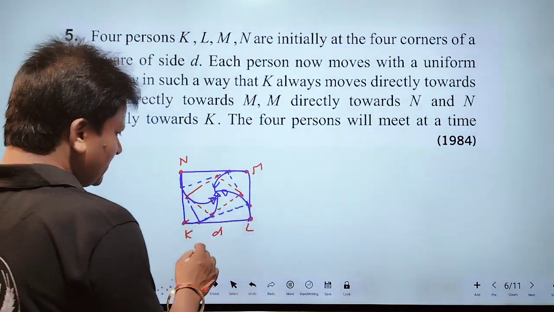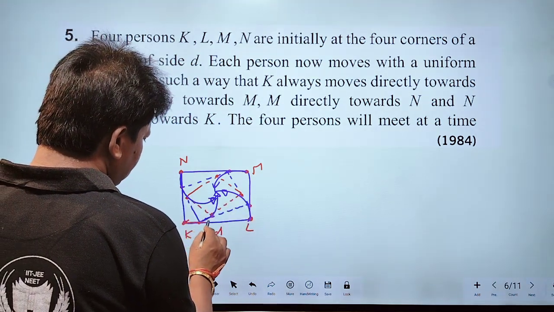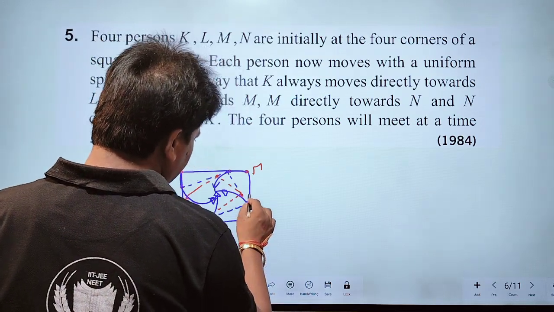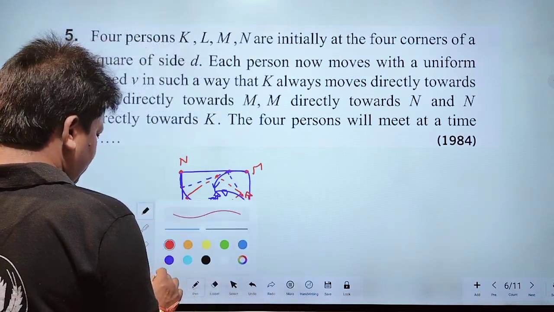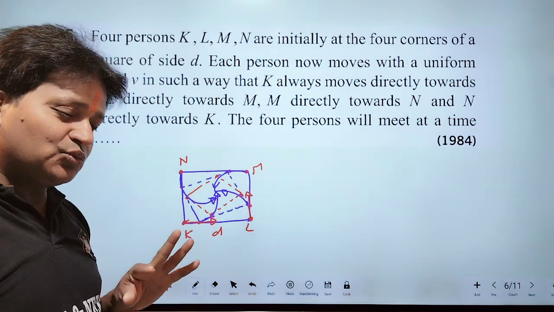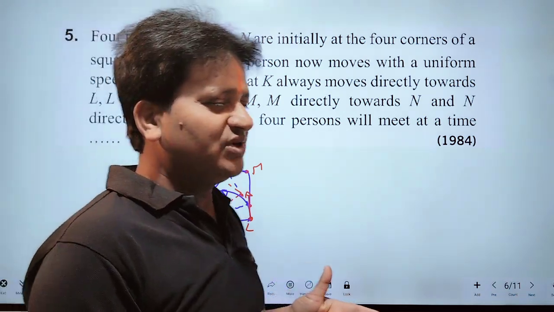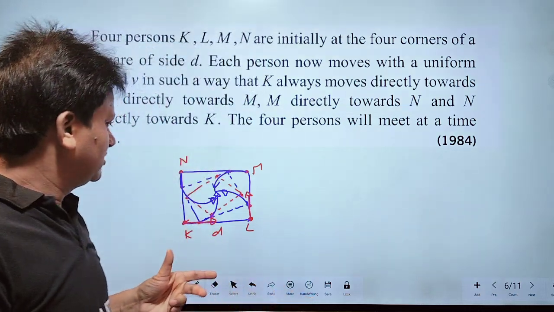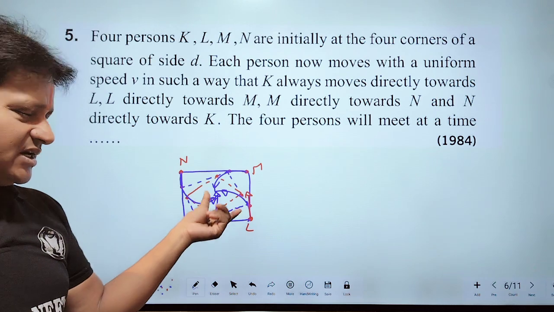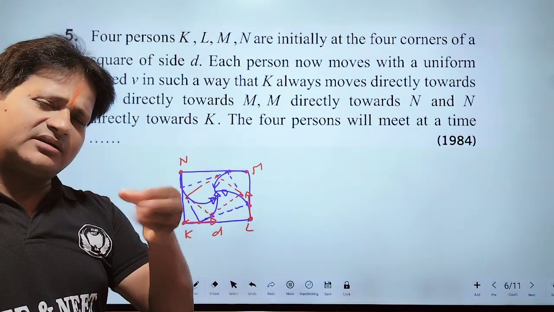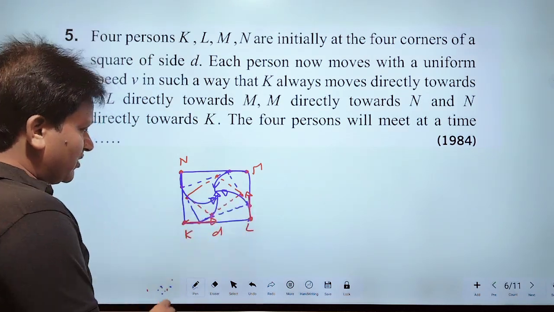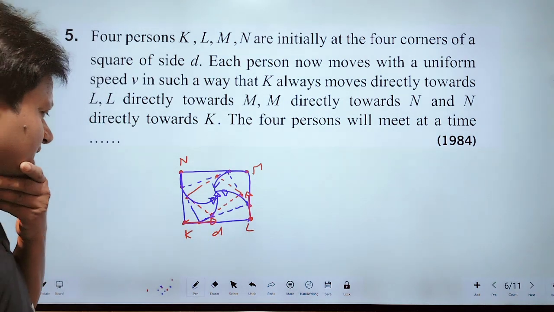Therefore, this person has initial velocity in this direction and this person has initial velocity in this direction. Whenever two bodies are moving, we take relative displacement, relative velocity; all quantities are taken relative.